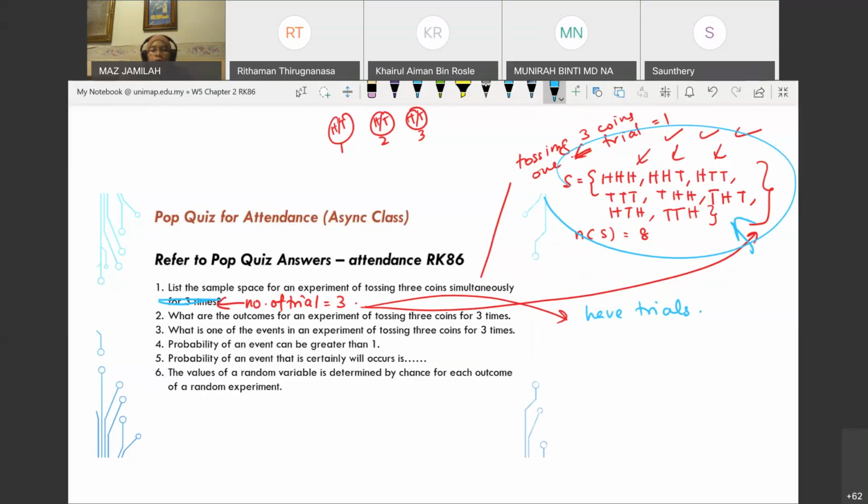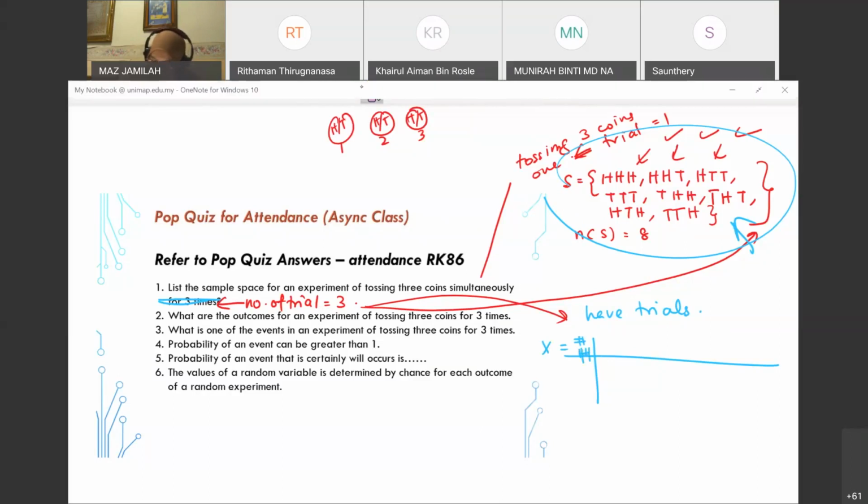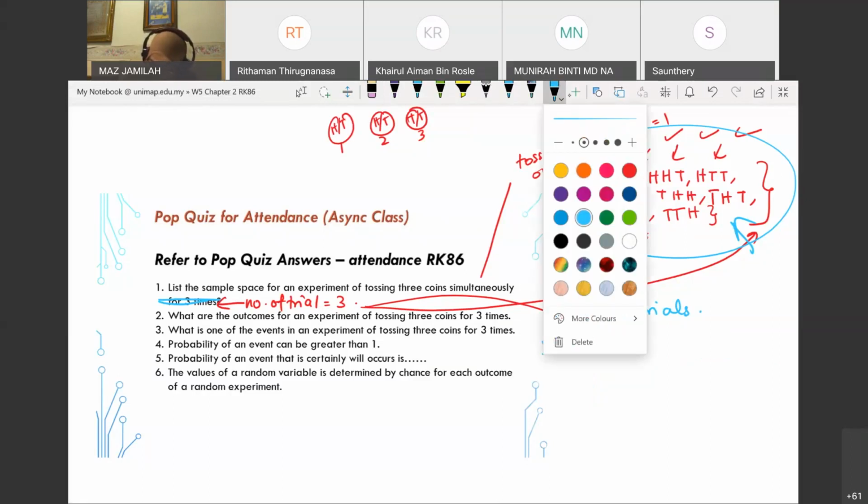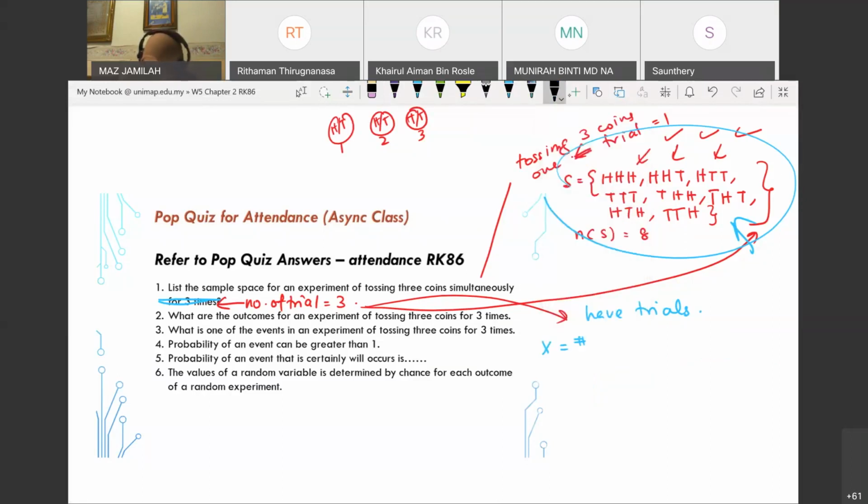When you toss 3 coins, let's say our X here is the number of heads, for example, number of head.